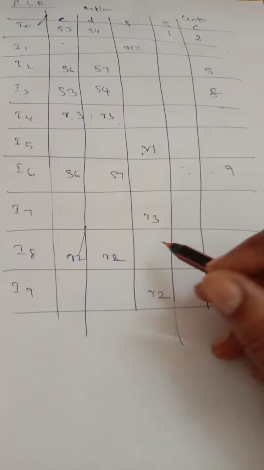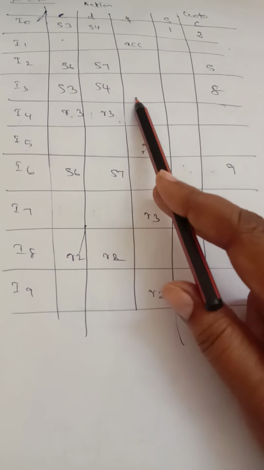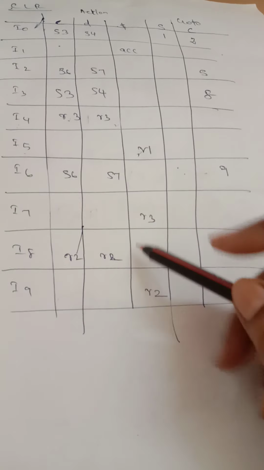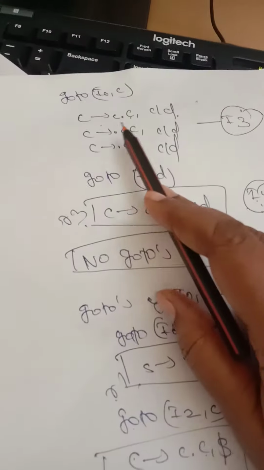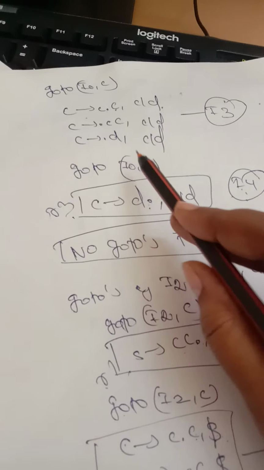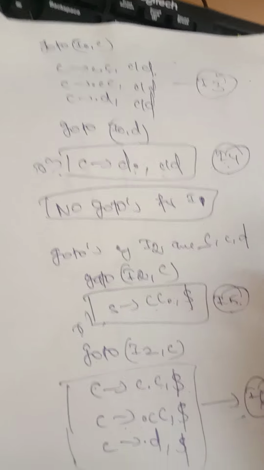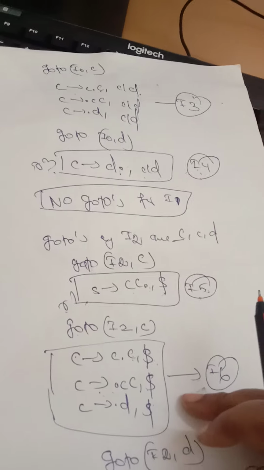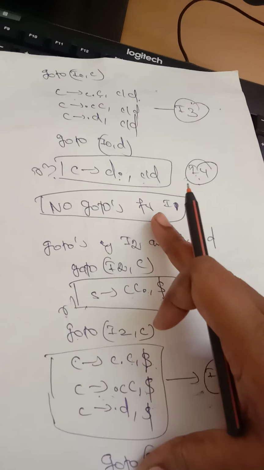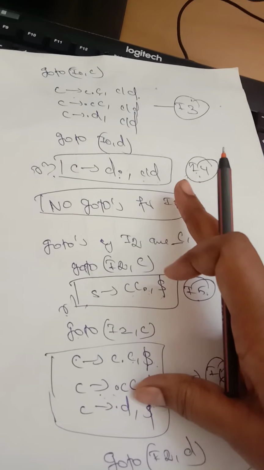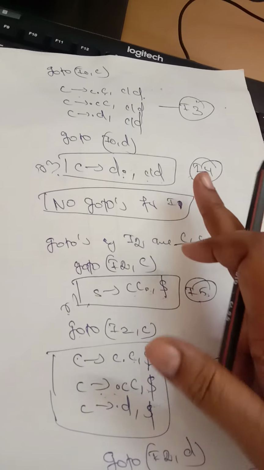Here you just check the states I3 and I6. What is I3? I3 stands to this. Next, what is I6? Now check I3 and I6. The first component is the same, only the second component is varying.